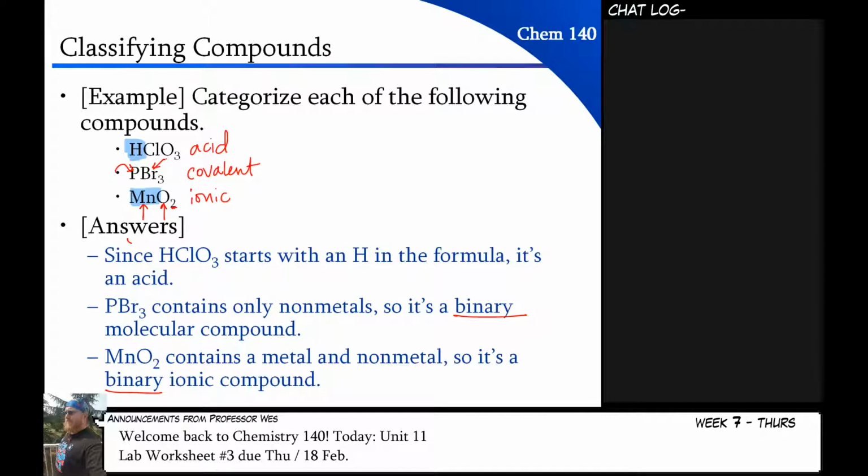Those are the 2 elements. Our nomenclature rules are only going to work for binary compounds, for ionic and molecular. For polyatomic compounds, the rules will still work, but we're going to just use the name of the polyatomic ion there, and it'll be fine. Acids will not be binary. Some acids will be binary, but most of them will be oxyacids, such as the HClO3 that you see on the screen here.